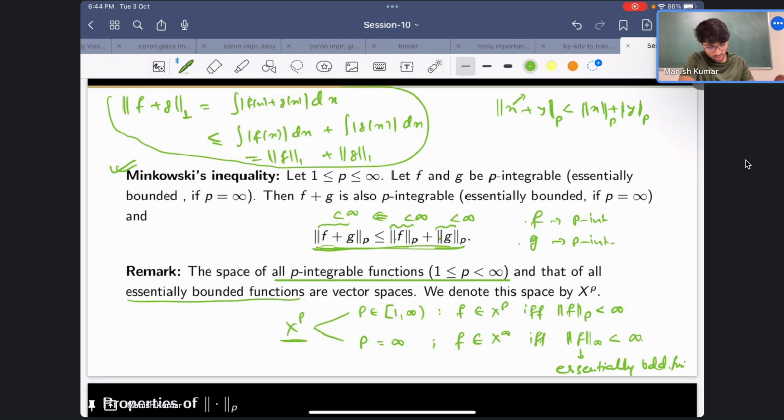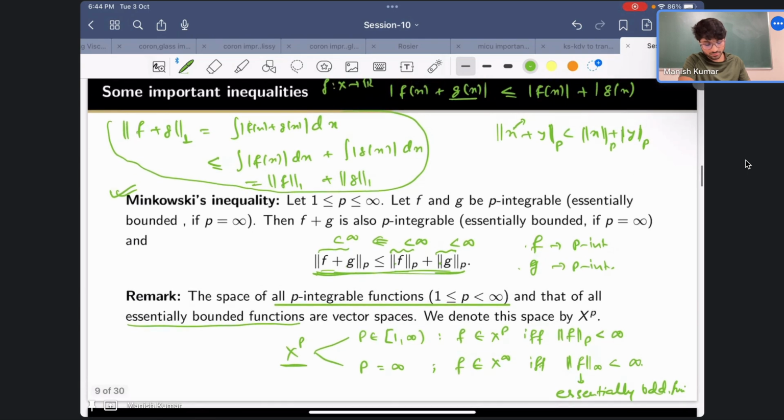I will not prove this, but you can check that this X p will form a vector space over the field C or over the field R, whatever you are concerned with. Okay, is there any doubt so far? Okay, if there is no doubt, then maybe we can proceed.